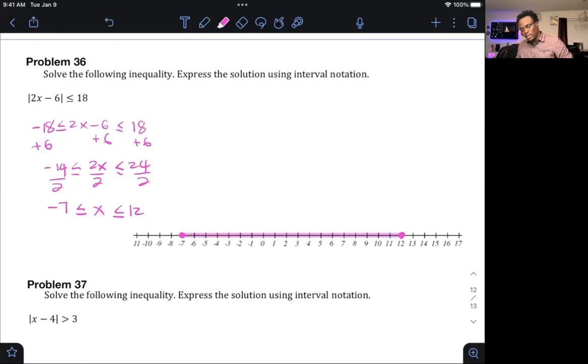So my computer is dying. Let me put the charger. Perfect. Okay. So with that, you have your solution that is bracket negative 7 to 12 with a bracket as well.